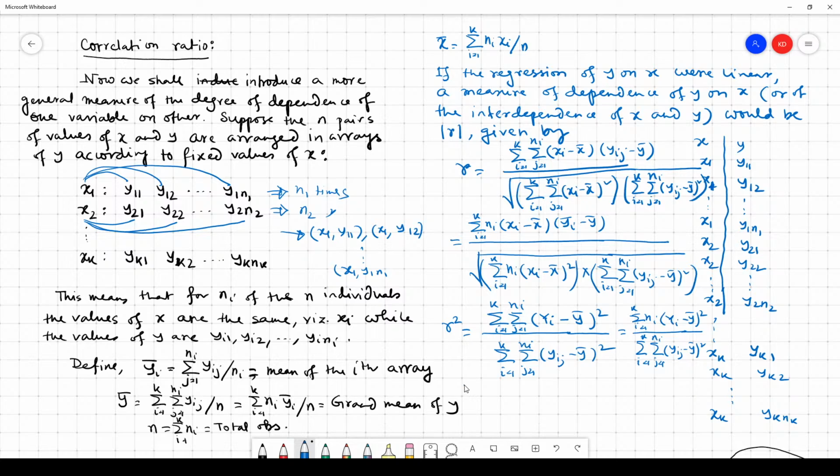where capital Yi is the value of small y corresponding to xi as given by the regression line.